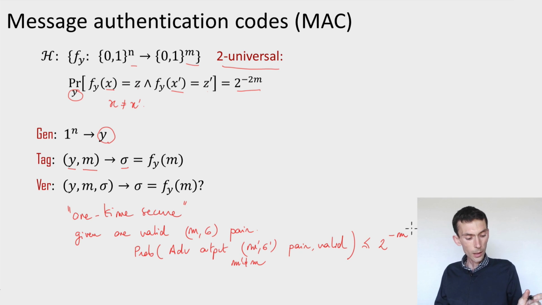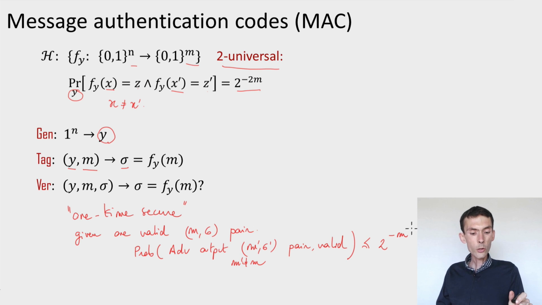So this works. Then what you could do is that every time Alice wants to authenticate a set of bases or a set of outputs, she chooses a hash function at random from a family of two-universal hash functions and uses that to authenticate her message.